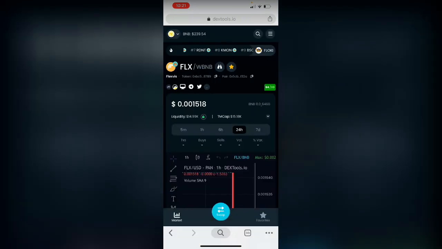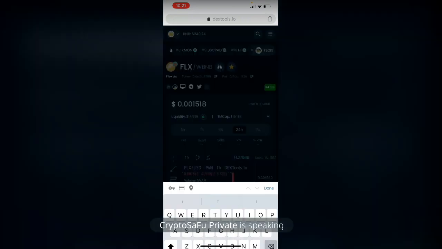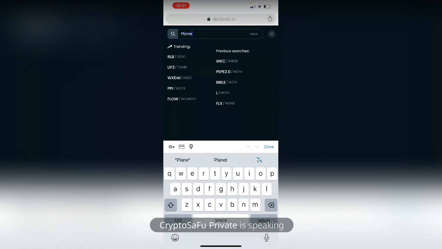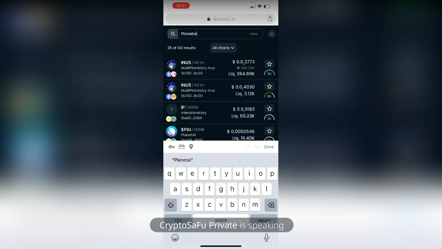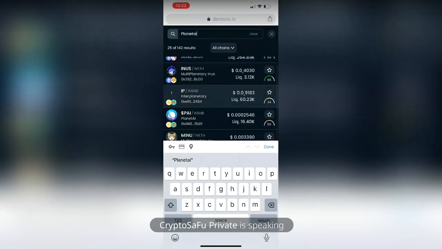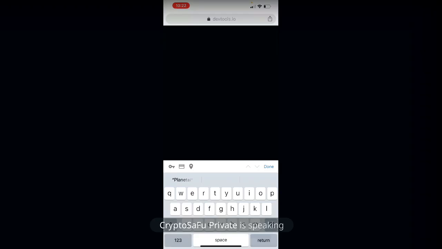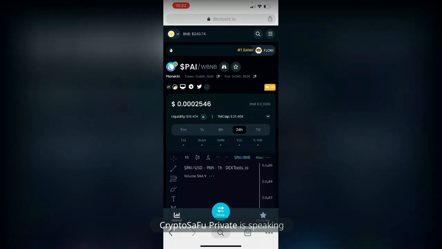I don't have the contract address, I'm just using this as an example. So let me just search for the project. Let's say the project is Planet AI. Then coming here, I click on the project. The next thing is, when I get to Dex tools, it is not going to show me the project breakdown, like what we've learned so far. So this place might get us confused.